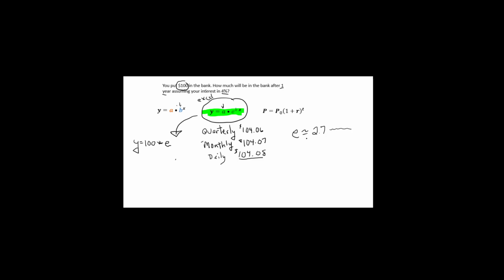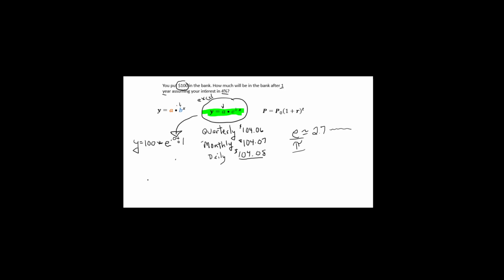It is an irrational number, just like pi is an irrational number. But it's in your calculator as a little e. And that's raised to the rate, which is 0.04, or 4 over 100, times 1 year.